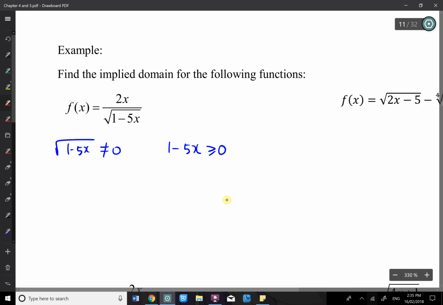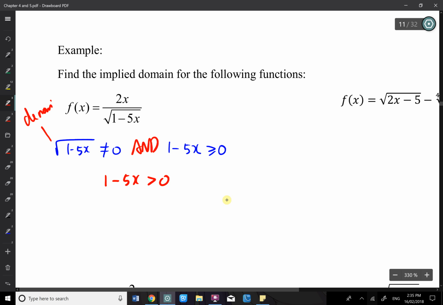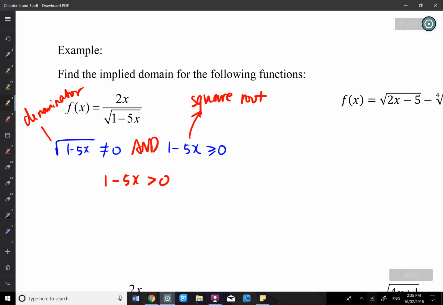So overall, we need 1 minus 5x to be greater than 0. It can't equal 0 because of the denominator, and the greater-or-equal part is because of the square root. You need to satisfy both, so you have 1 minus 5x just greater than 0.